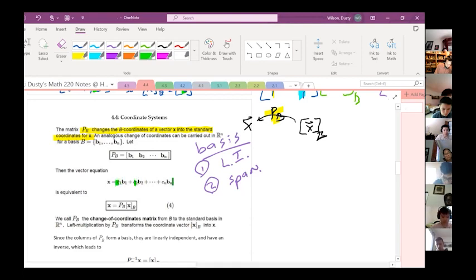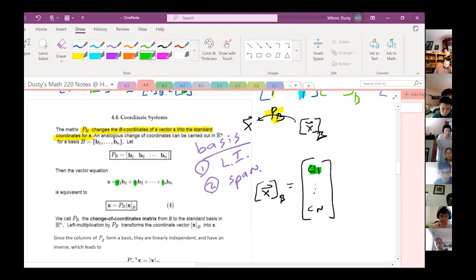So these C1, C2, Cn, those are the weights of these basis vectors. And so we're saying that X in the B coordinates would be C1 to Cn.